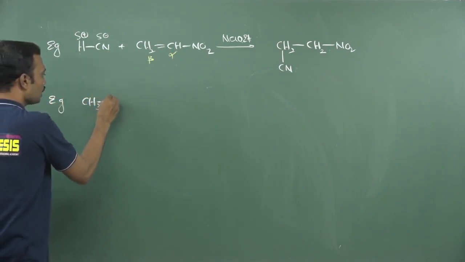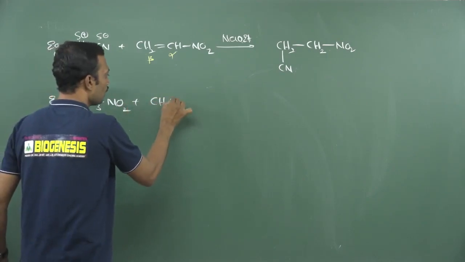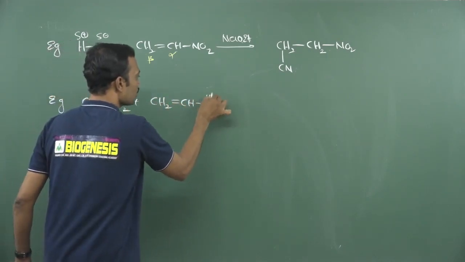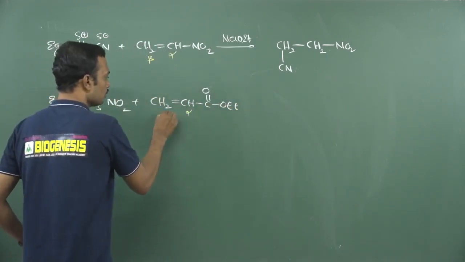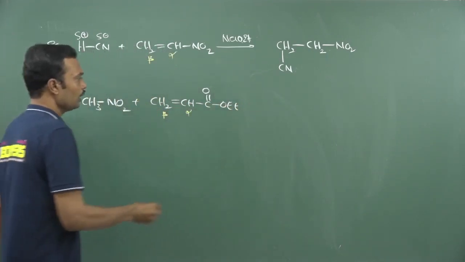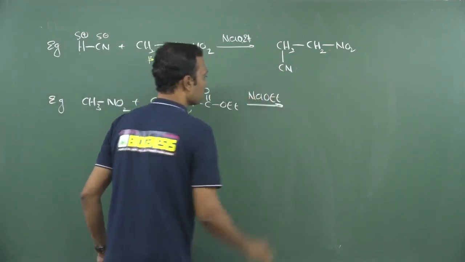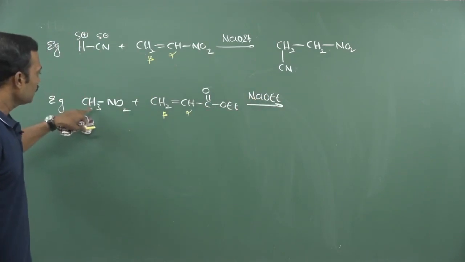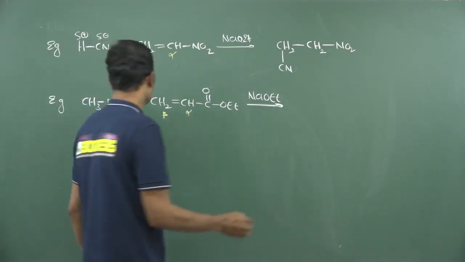Even we can take a nitroalkane. So this is a nitroalkane. Now I am taking alpha, beta unsaturated esters. This is called alpha, beta unsaturated ester. Okay. Now I am using a base. What is the base involved in this one? NaOEt. This will take a proton from this, you will get a carbanion that gets stabilized by the electron withdrawing group NO2.